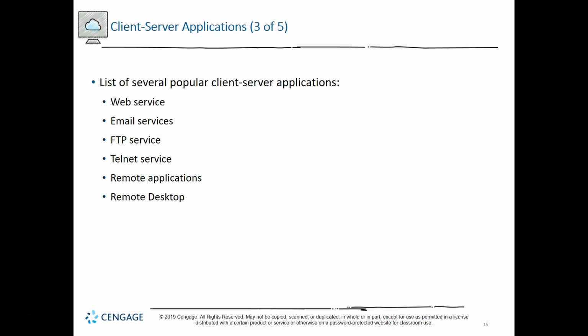You used FTP to send data to a web server and back. It's a way we send information. Telnet is another way we communicate, and we can actually see the screen. You're going to see remote desktop, and we're going to show you some applications in here very similar to that. Those are all kinds of client-server applications. There are literally hundreds upon thousands of those out there that are available.